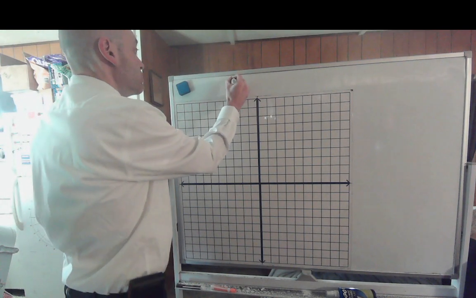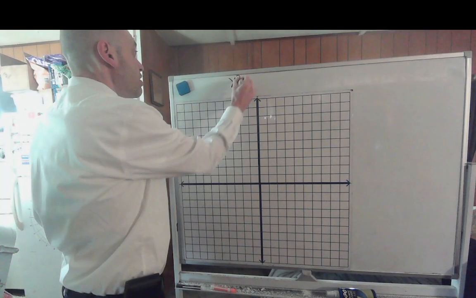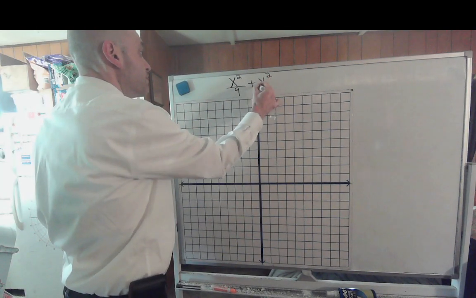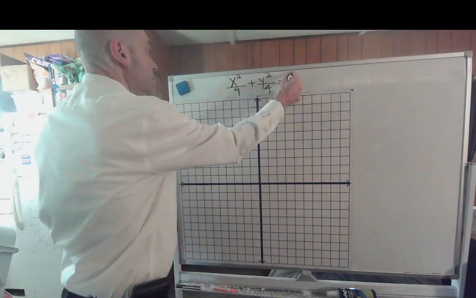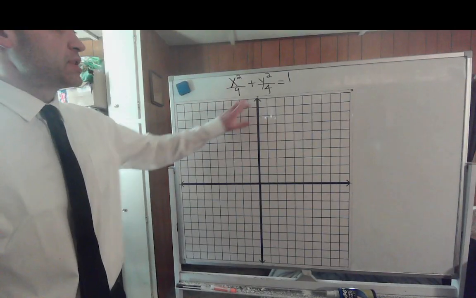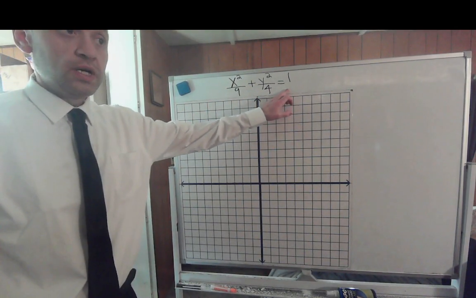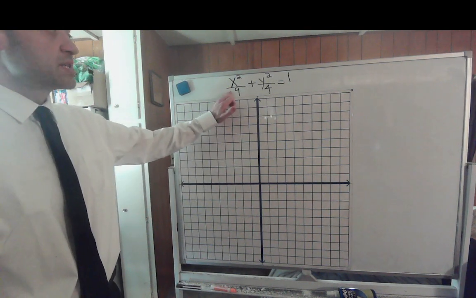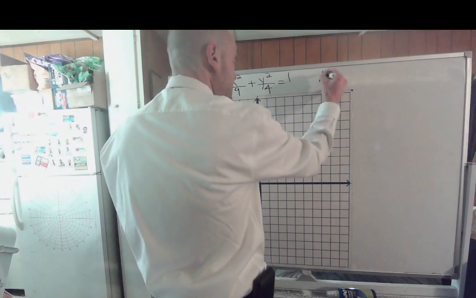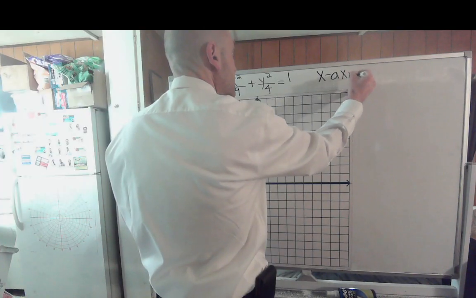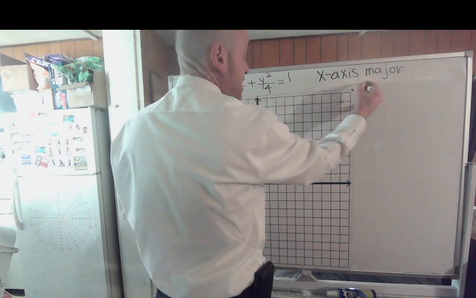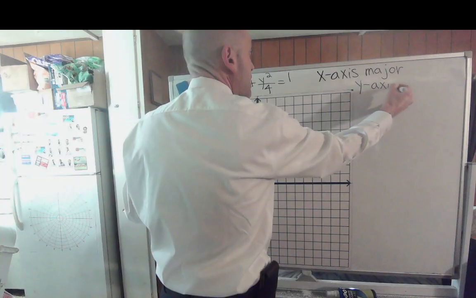Why don't we do this one? x squared over 9 plus y squared over 4 equals 1. Well, the bigger number is below my x. That means my x-axis is the major axis, and the y-axis is the minor.